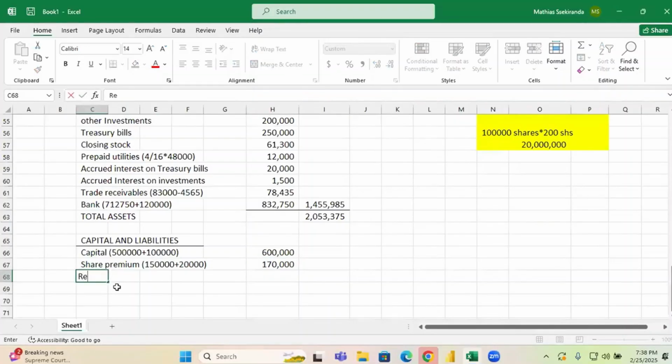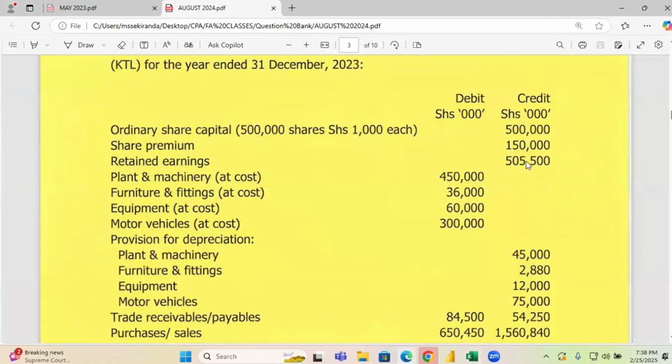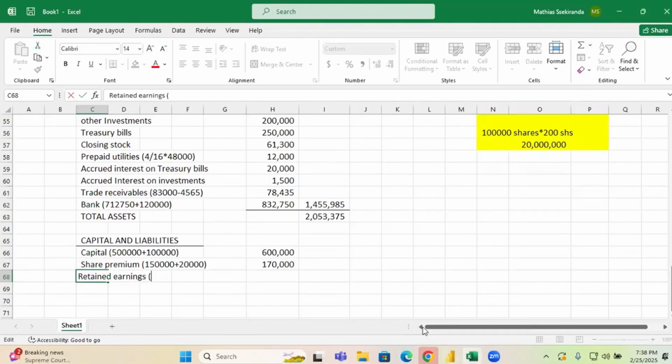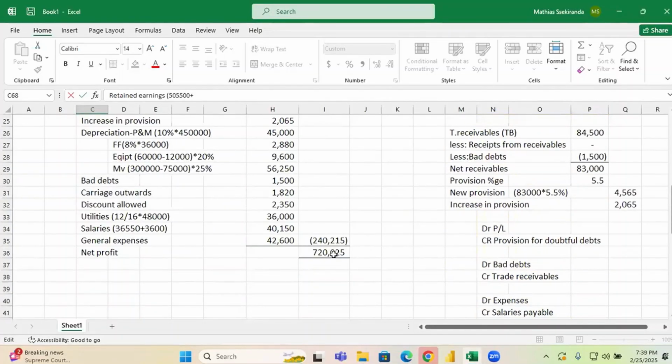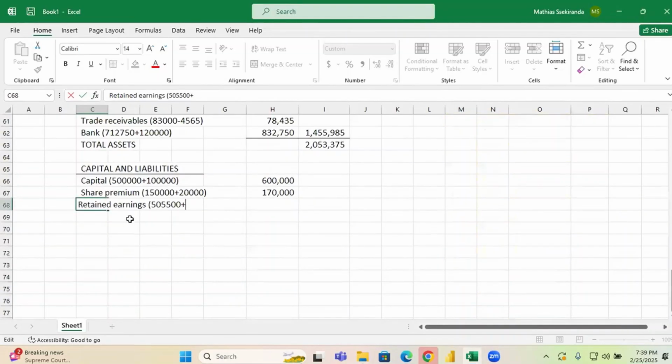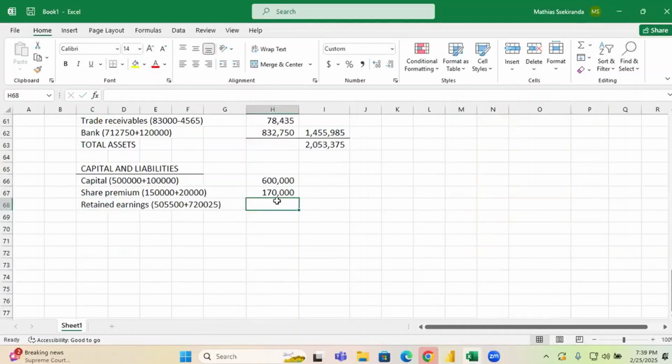Then I have retained earnings. Retained earnings were given in the trial balance as 505,500. I add on the net profit. Net profit for the year is 720,025, the one we got from our profit or loss.